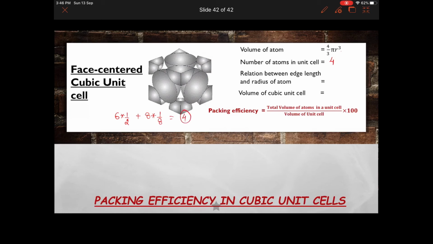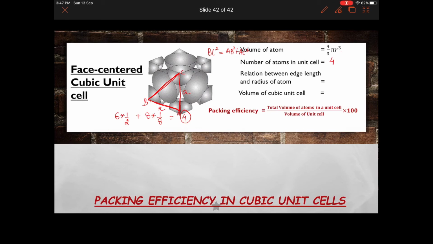Relation between edge length and radius of the atom, आपको याद होगा, there is a face diagonal, right? So I particularly remember we have done this, wherein we took this triangle and we named it as, let's say, ABC. तो यहाँ से आपको मिल जाता था BC का स्क्वायर इज इक्वल्स टू AB का स्क्वायर प्लस AC का स्क्वायर, where AB and AC are A and A edge length. So वहाँ से आपका रिलेशन निकला था.